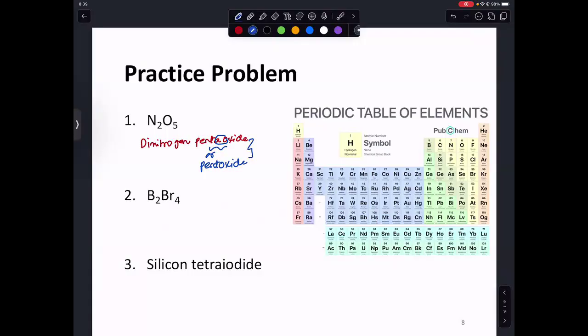Both are considered correct. The second practice problem: we have two borons, so diboron, and then four bromines, so tetrabromide. And the last example is silicon, so only one silicon, and then tetraiodide, so we have I4.